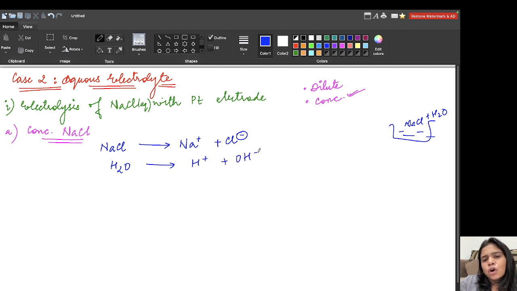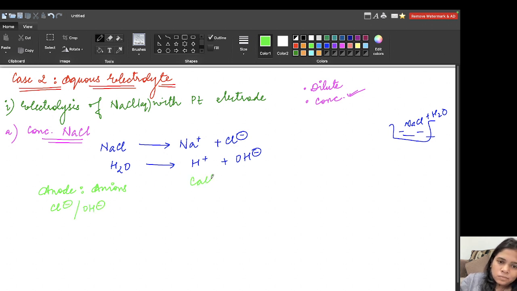Now can you see we got 2 cations and 2 anions, right? In anode, what will go? Anions. And what anions are present with us? Cl minus and OH minus. And in cathode, what will go? Your cations. And what cations are present with us? Na plus and H plus.